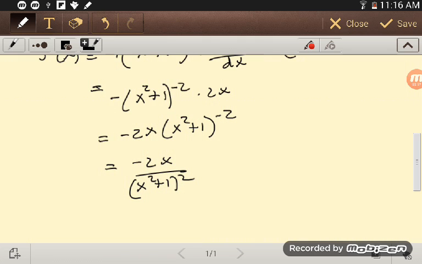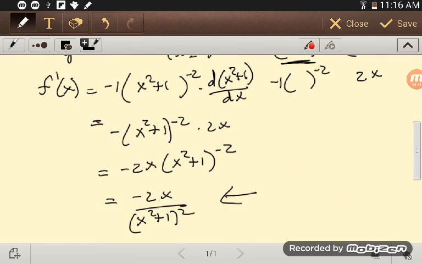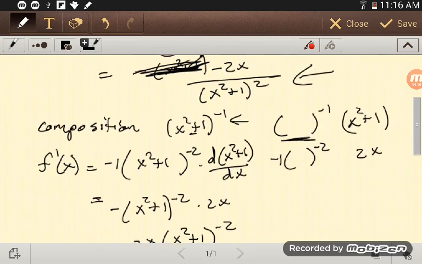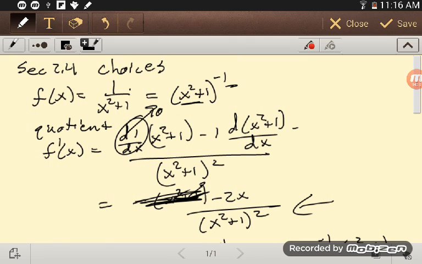Okay, so both the same, we have choices. We can write things as quotients. We can write them as compositions.